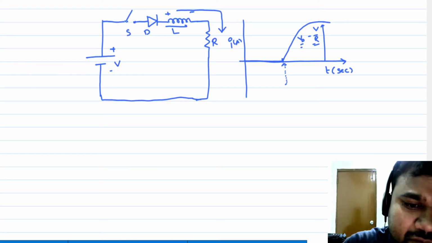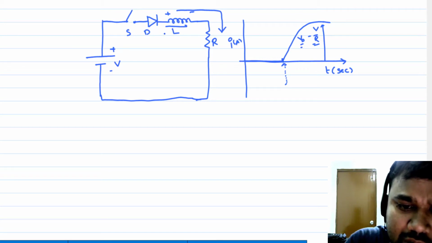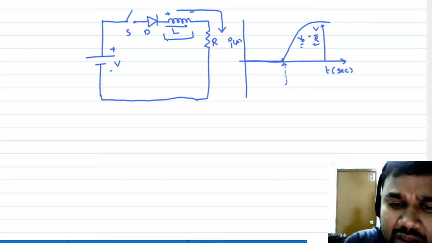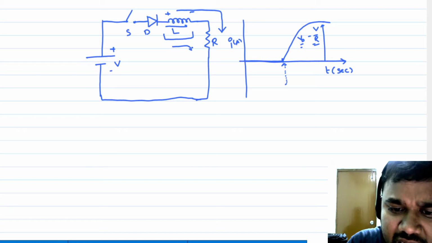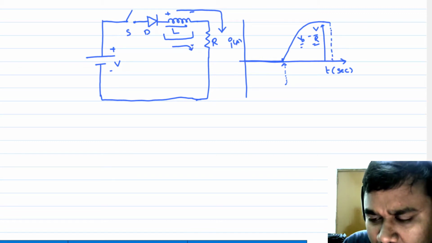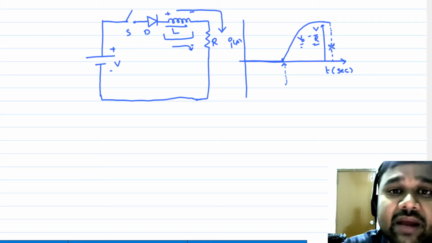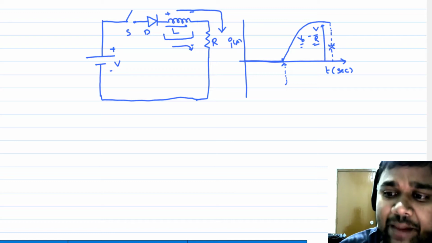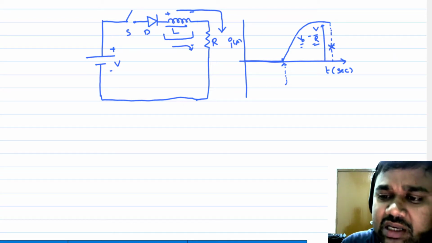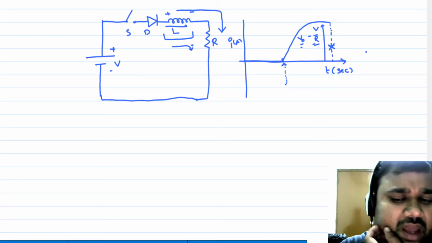When we open the switch, according to the property of the inductor, it will not suddenly change the current to zero. That means the inductor current will never go to zero suddenly. However it was increasing, the same way it will try to decrease.